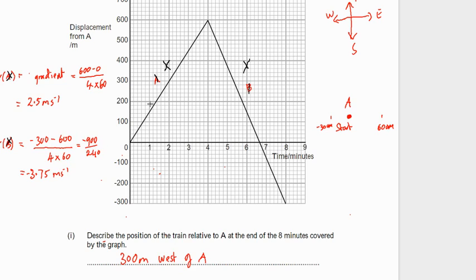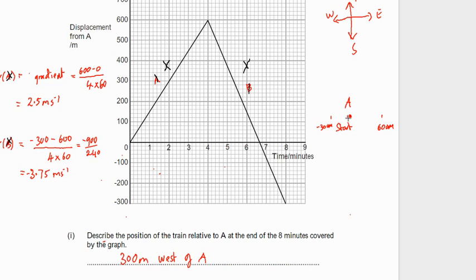The net displacement from there to there is negative: you start off at 600 to get to minus 300, so 900 meters to get to this position. You have gone negative, gone to the left, so it's negative 900 meters over 240, because it's again from 4 minutes to 8 minutes, so it's 240 seconds, and we get minus 3.75 meters per second.